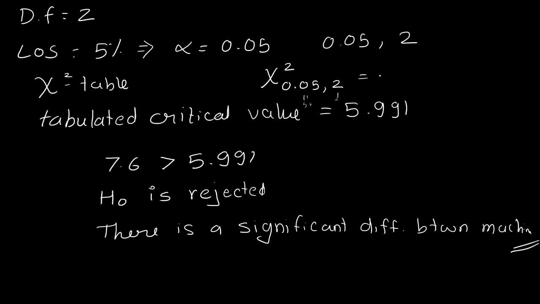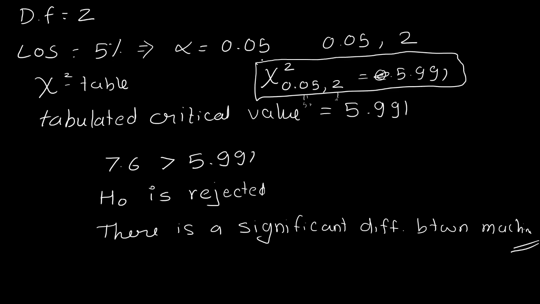So chi-square is equal to 5.991. This is how it is represented. In this way also the chi-square value can be given. That means you will have to understand that this hypothesis is tested at 5% level of significance.